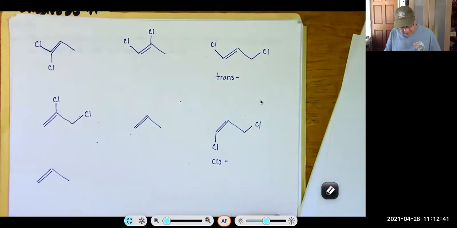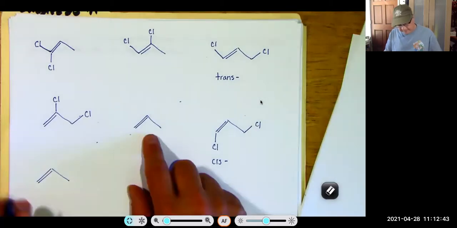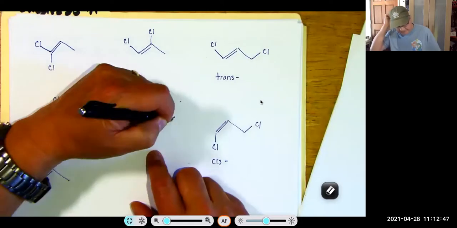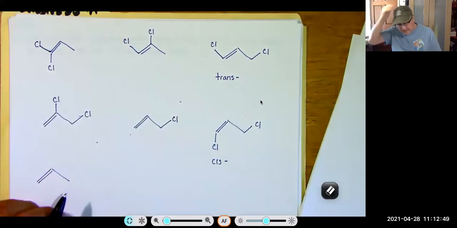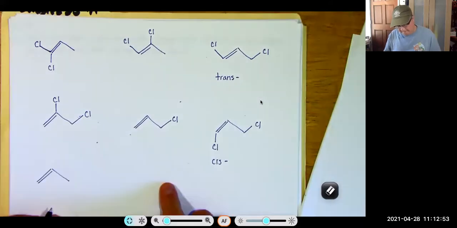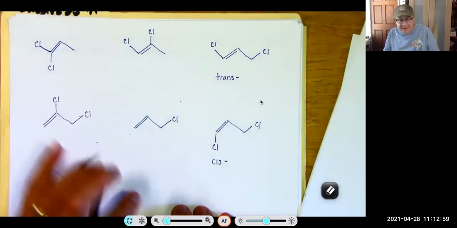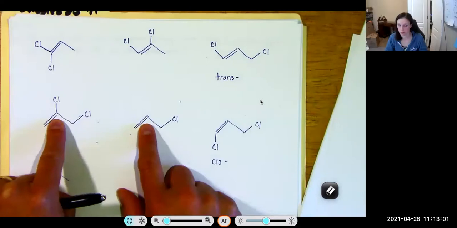Okay, so now what am I going to do? I'm going to put the chlorine on the end carbon. And I need to put the other chlorine somewhere else on this. Where am I going to put it? If I put it here on the second carbon, haven't I already done that? If I put it here on the first carbon, haven't I already done that?